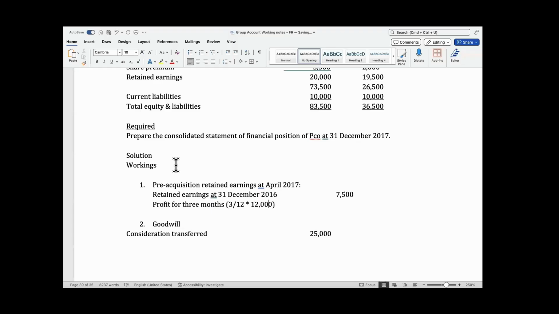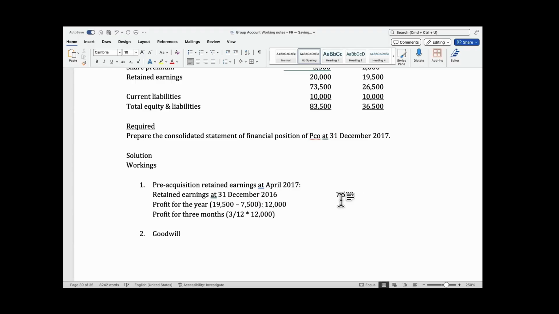The way I got this 12,000 is you establish the profit for the year, which is 19.5, the profit at year end, minus the opening profits.